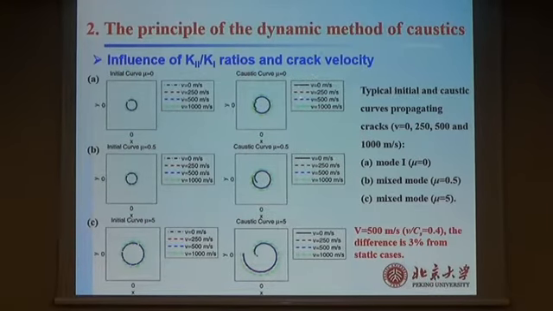Also, we consider mu, meaning K2 over K1, at different values, and we can consider the crack moving speed. You can see that if the crack moving speed is lower than 500 meters per second, the formula is almost the same as in the static case.